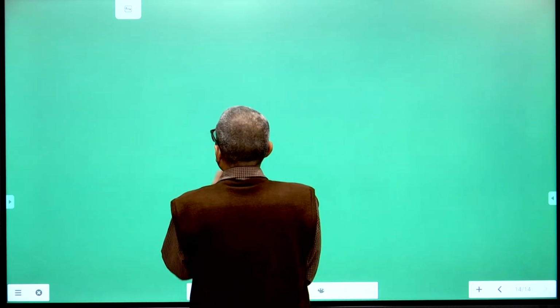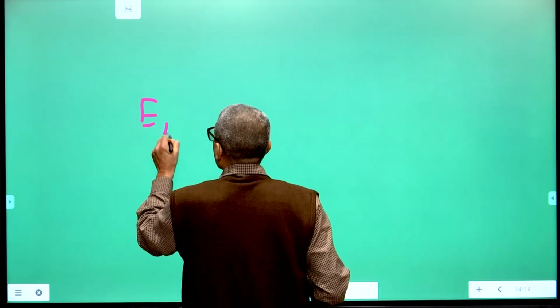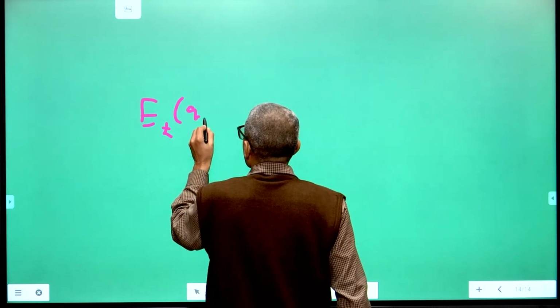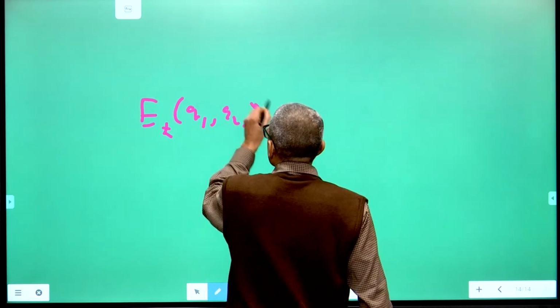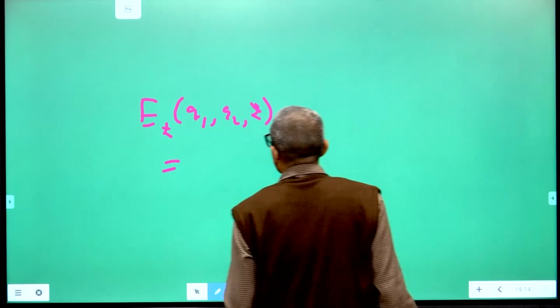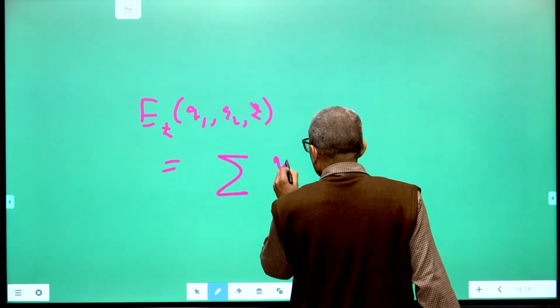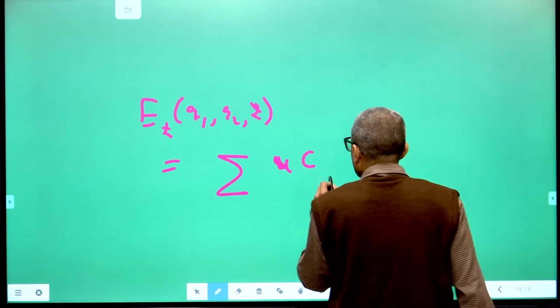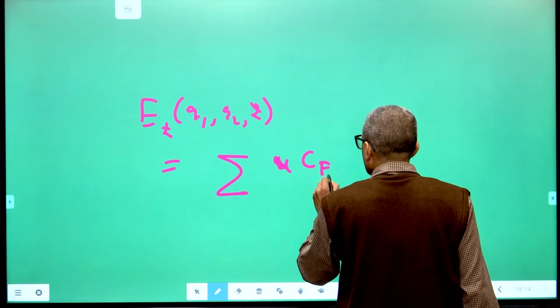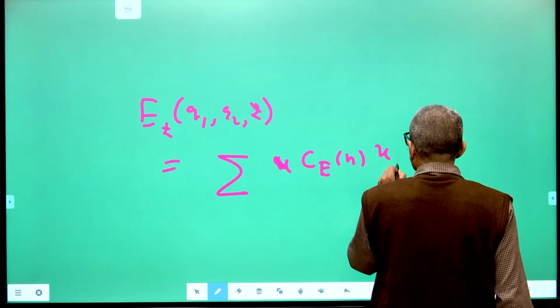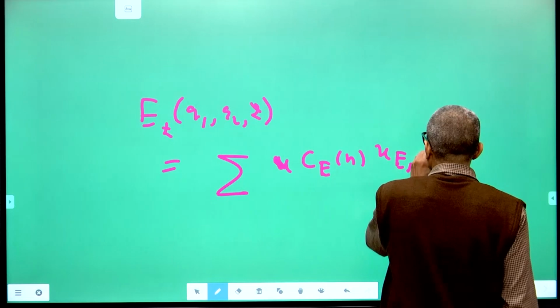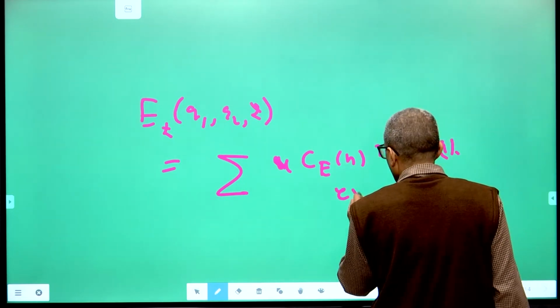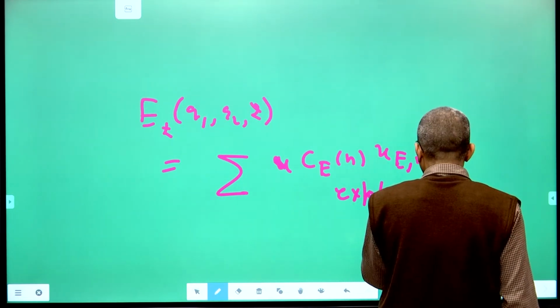So the picture becomes clear now. Your general electric field, the general form of the electric field is q1 q2 z at a given frequency, and that will be summation C_n. You can put a set of constants, which is C_e n, U_E n of q, into exponential minus gamma E n z.